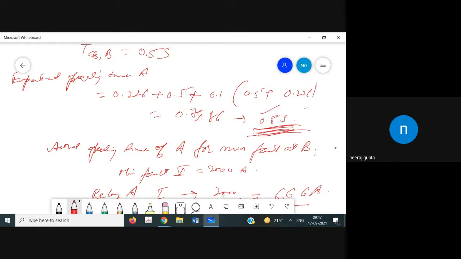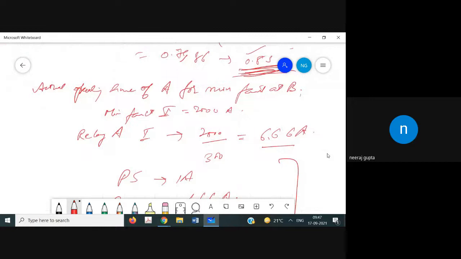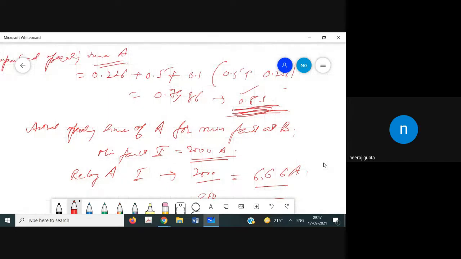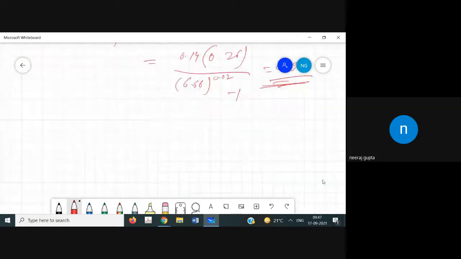However, when the minimum fault occurs at B, we have to assume that the selectivity should be maintained, so the time should be greater than this particular time, and as a result the selectivity between relay A and relay B is maintained.